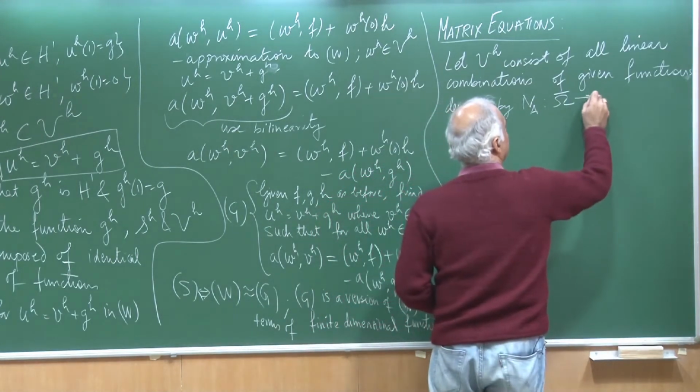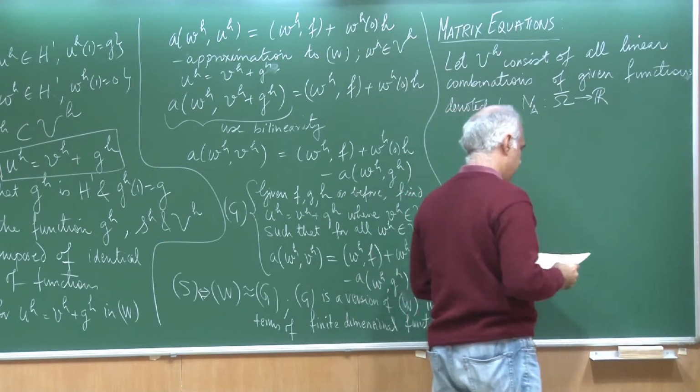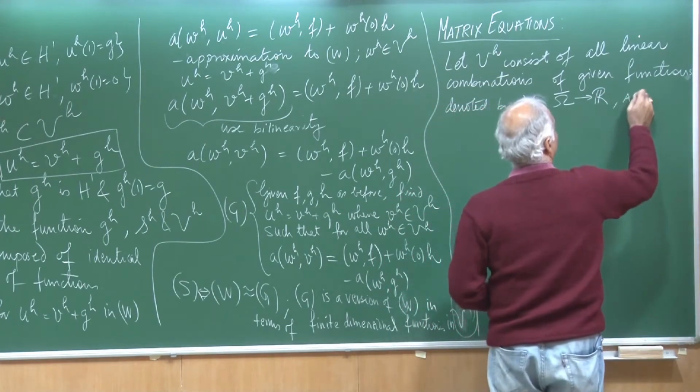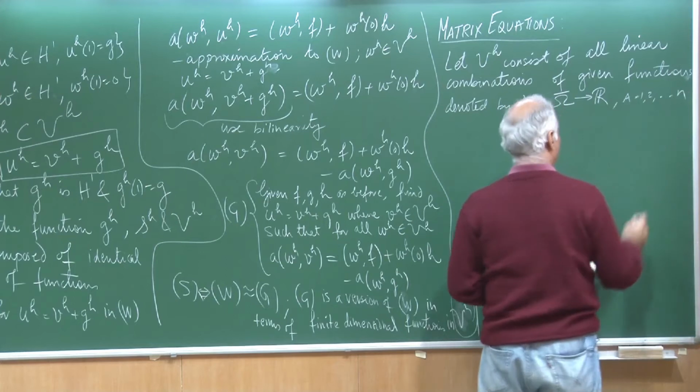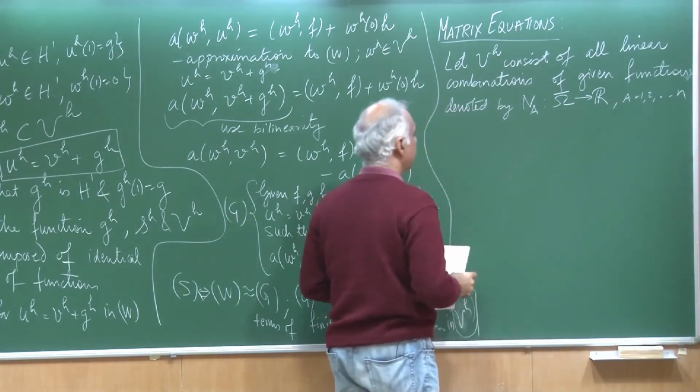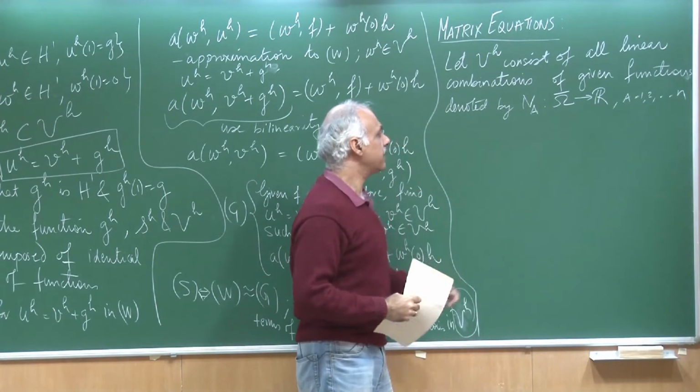These are all real valued functions, and A goes from 1 all the way to n. So in some sense I am being given a basis.